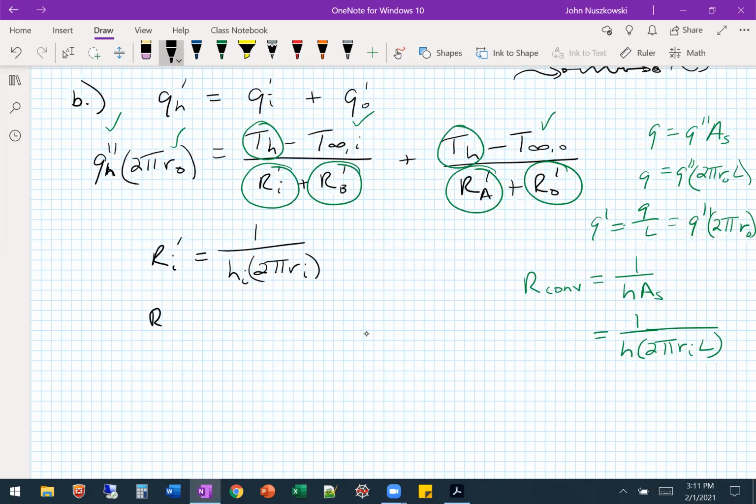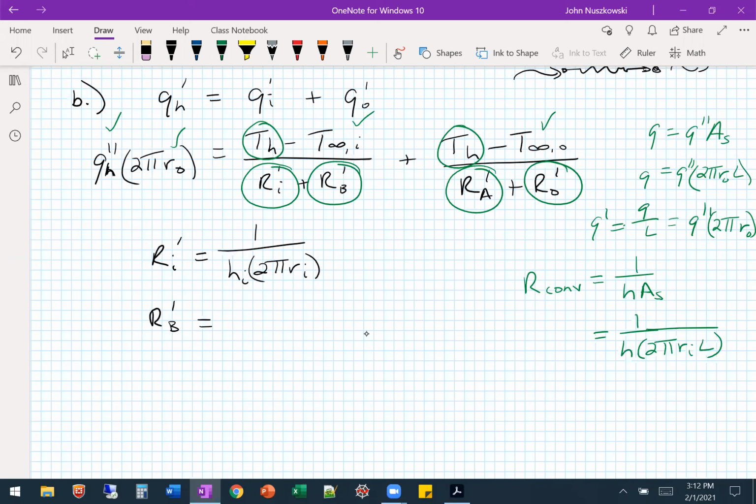Now we have B. What's that going to look like? Area divided by k? No, you're thinking of a plane wall with conduction.